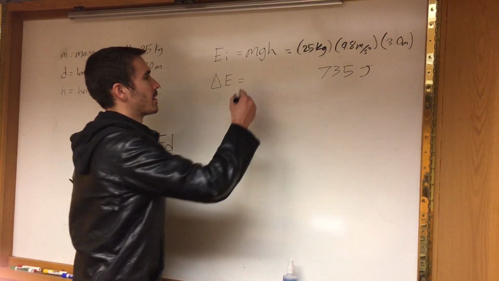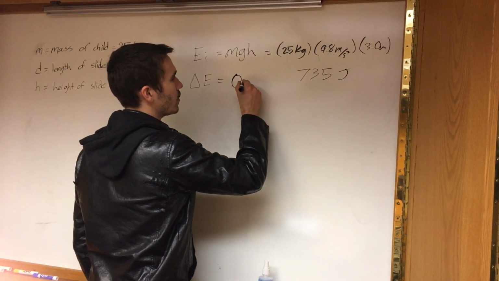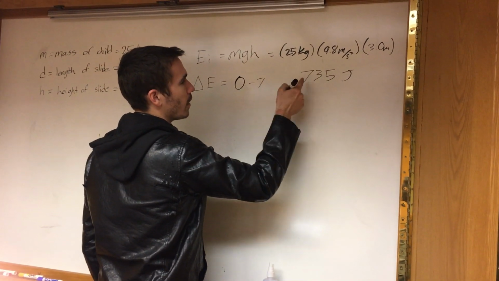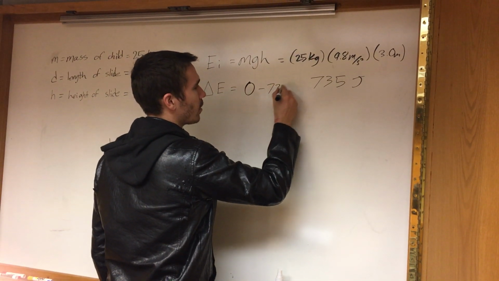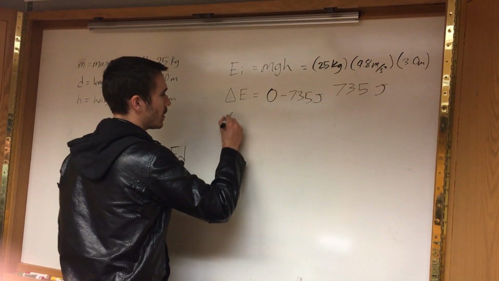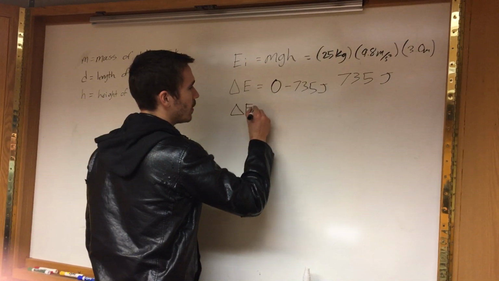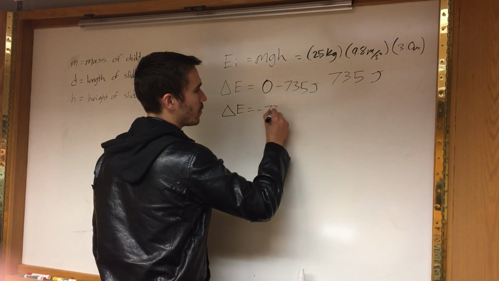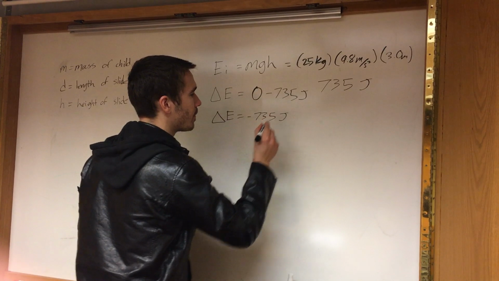So in order to take this into account, we have to do 0 minus our calculated energy, which will give us a change in energy equal to negative 735 joules.